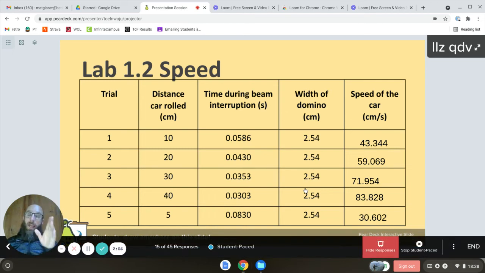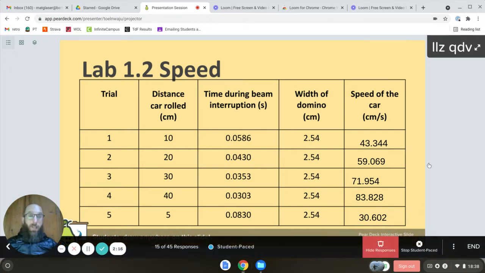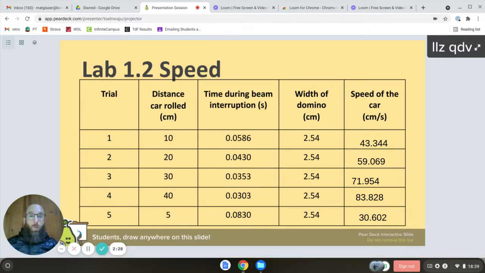And this is the tough conceptual part of this lab, because we talked about distance equals rate times time. So rate, or speed, equals distance divided by time. That's how you're getting the numbers in this last column. The distance you are using is 2.54 centimeters every time, because that's the width of the domino. That's how much of the domino passes through the photo gate.